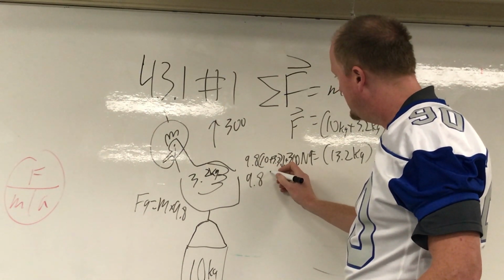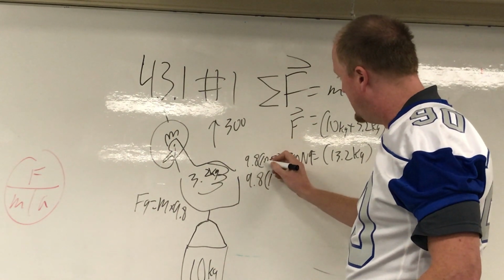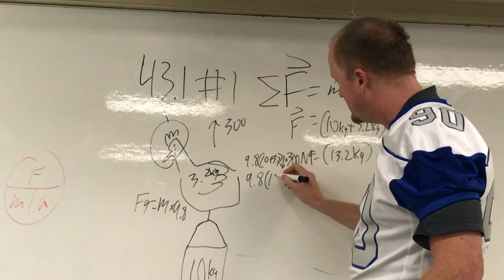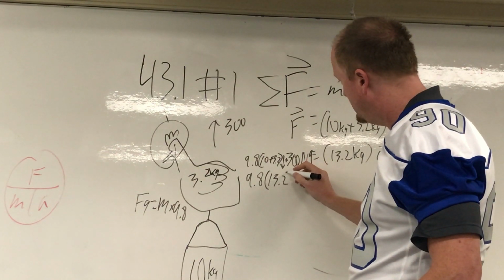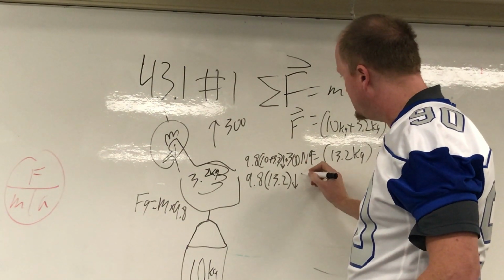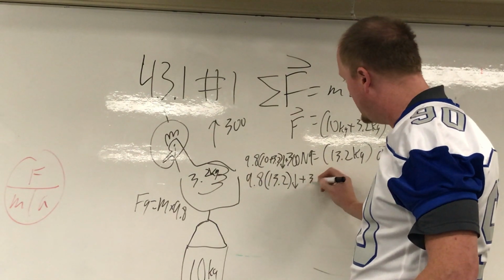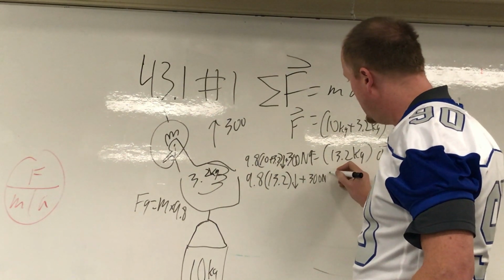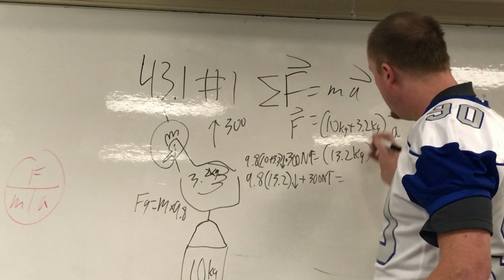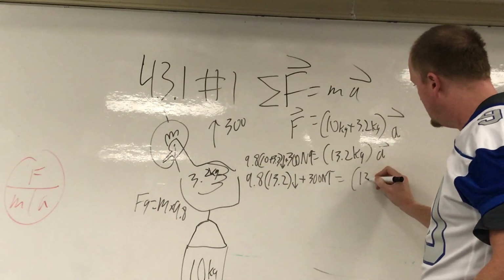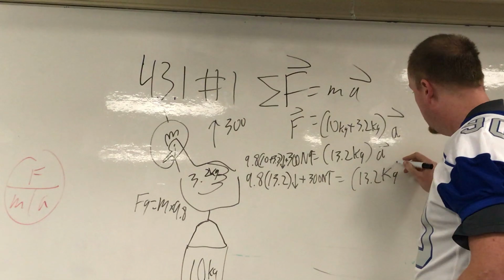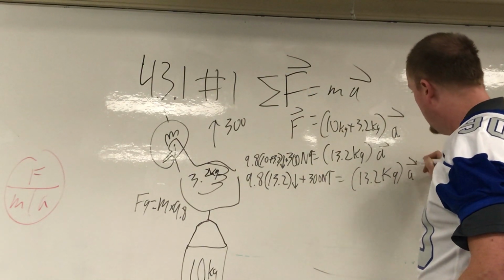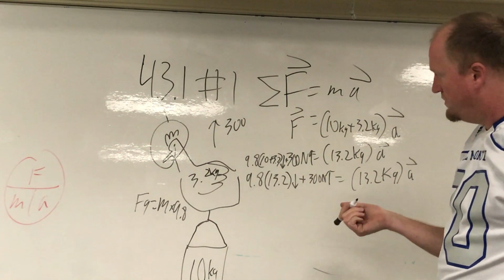9.8 times 10, 10 plus 3.2 is 13.2. And the direction is still down, plus 300 newtons up. And again, that still equals 13.2, the combined mass of chicken and rocket, times A, right?